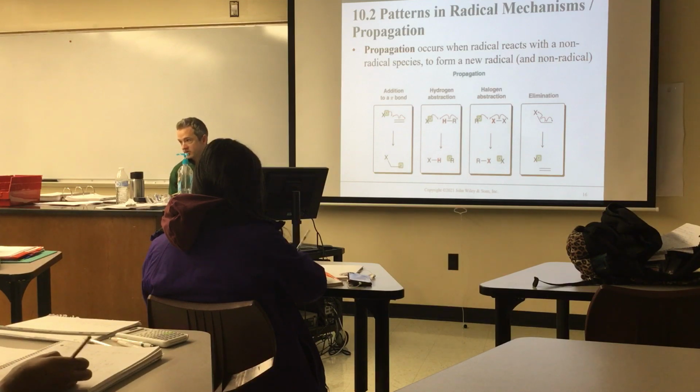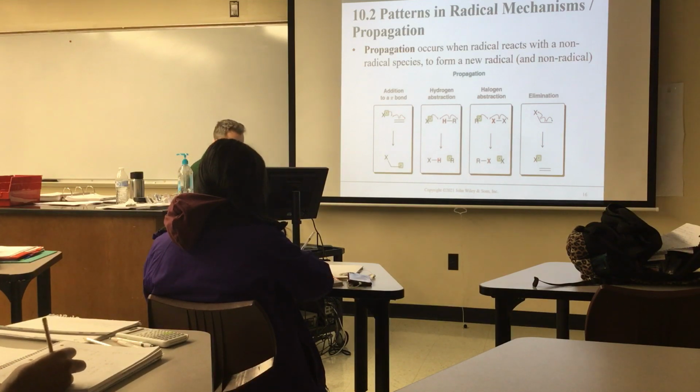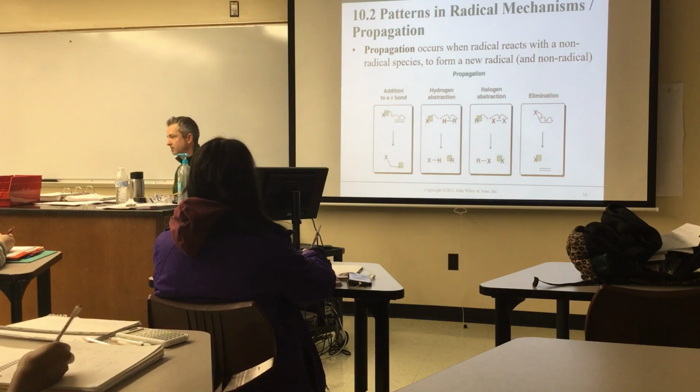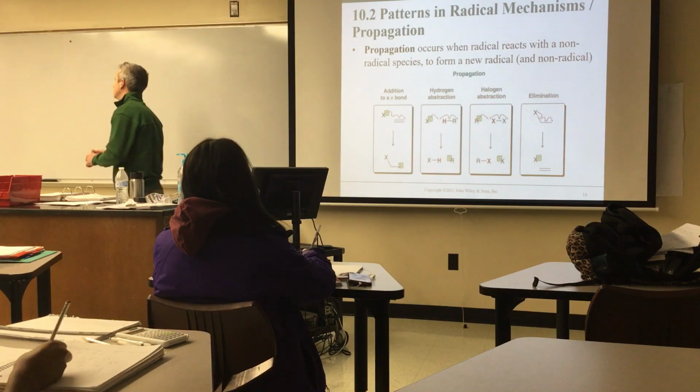In the propagation step, you will always have three arrows. Initiation and termination, you'll only have two arrows associated with those. All right, so let's go back to the chlorination of methane.